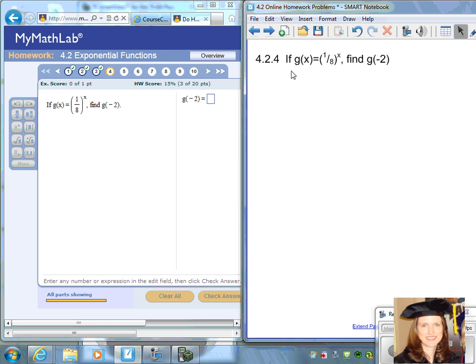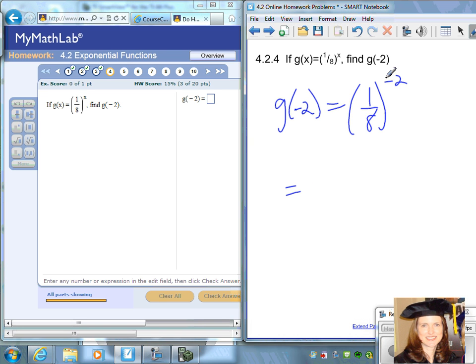Here we're given g of x equals 1/8 all to the x power. We want to find g of negative 2. This is 1/8 to the negative 2 power. You can use the rules of exponents. You can distribute that power. You get 1 to the negative 2 power over 8 to the negative 2.